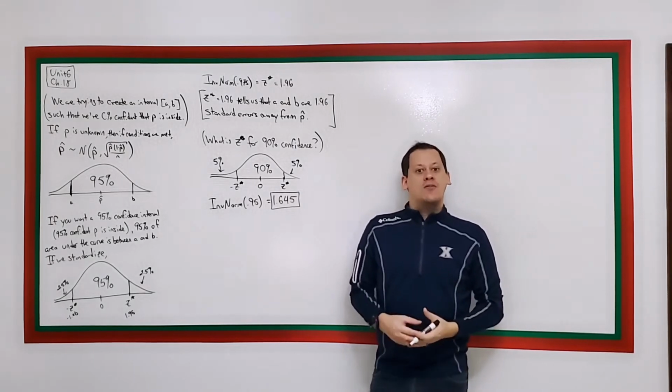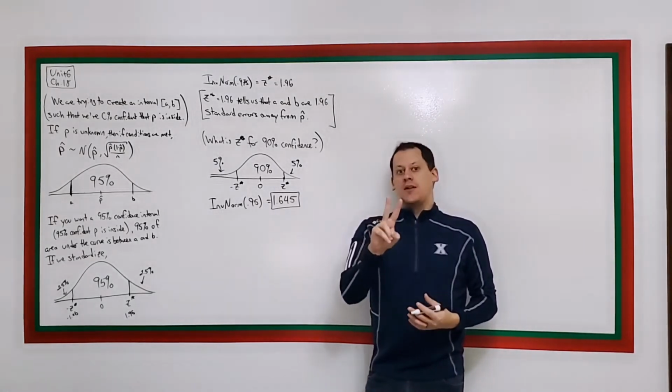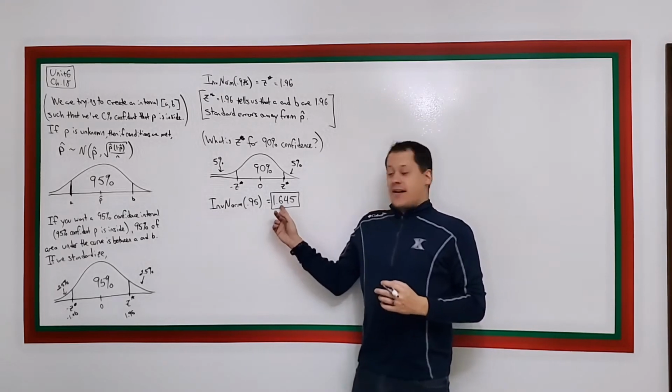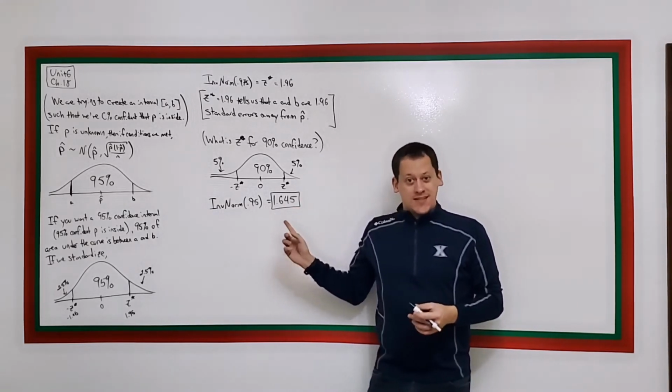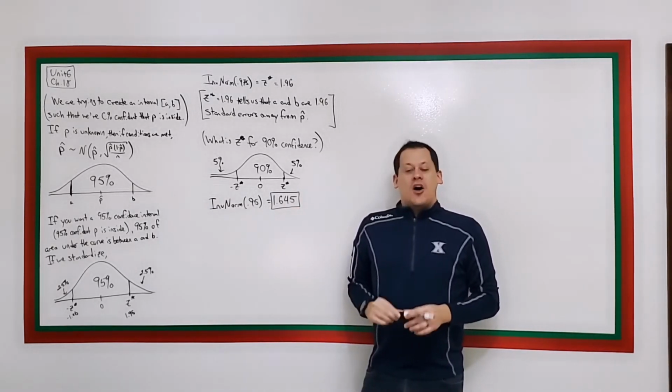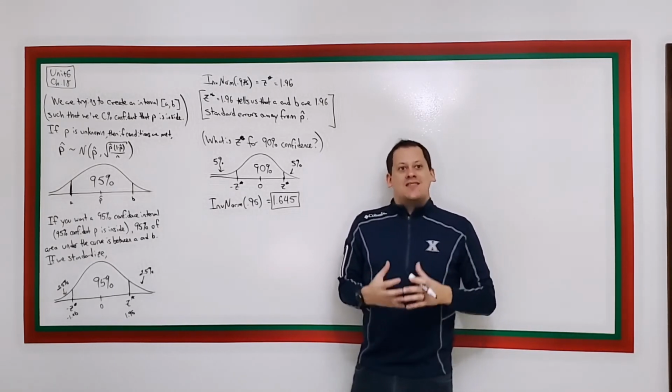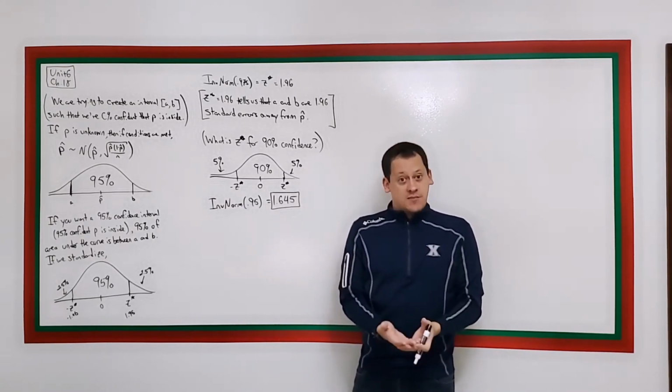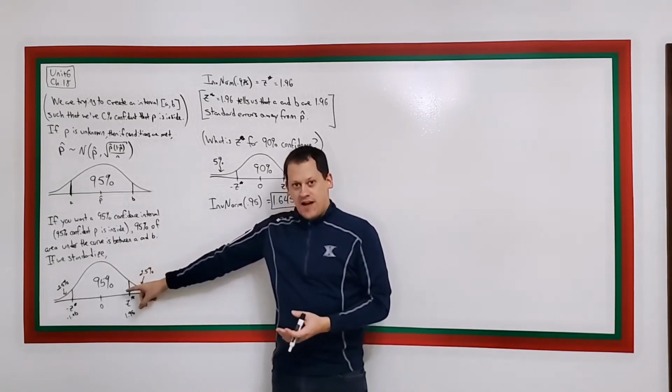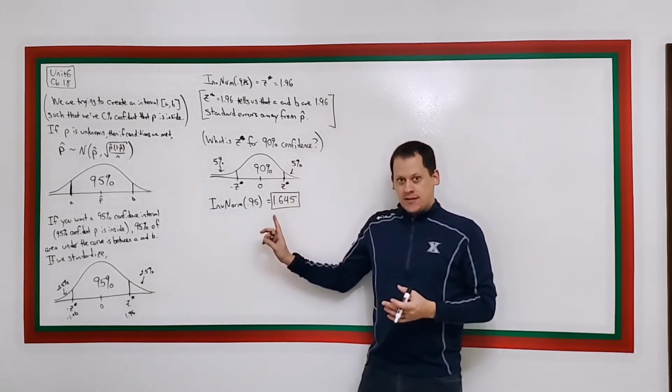Now, if you remember when we first talked about z-scores, I said that the convention is to round z-scores to 2 decimal places. But you'll see here, I put 3 decimal places. I'll just tell you right now, the most commonly used confidence percentages are 95% and 90%.